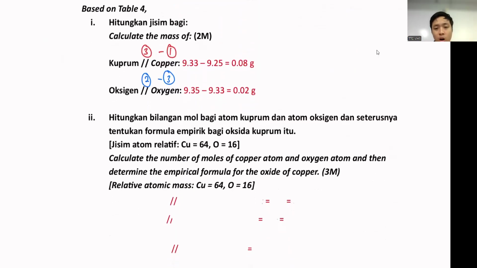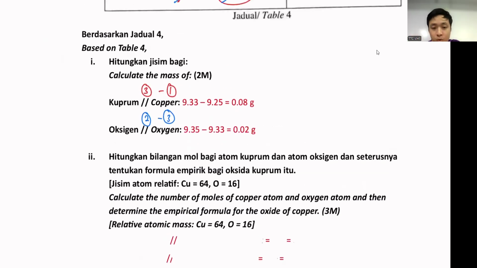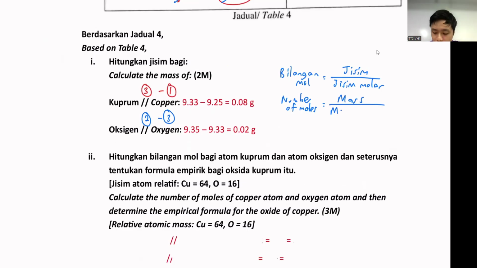Calculate the number of moles of copper atom and oxygen atom, and then determine the empirical formula for the oxide of copper. This is an easy 3 marks in the pocket. You just have to know the formula: number of moles equals mass over molar mass.